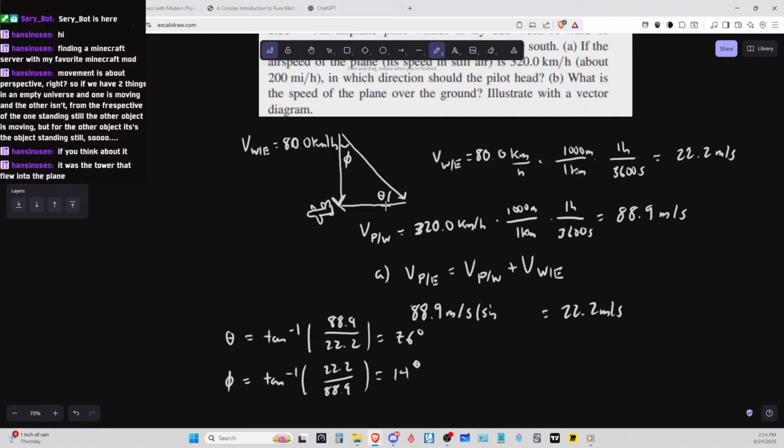The plane's angle compared to the wind is going this way. If you think about it this way, let's put a box here, because the wind is coming in, so we can make an imaginary line, and this angle would be equal to this angle if the plane was up here, so this would be theta.